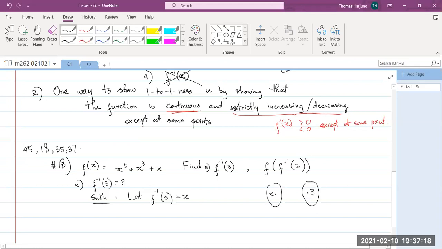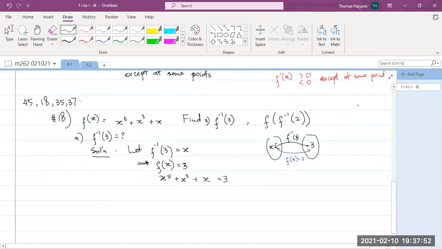That's the inverse direction, right? In other words, f(x) equals 3, and we find that x. That notation means f(x) equals 3, so x to the fifth plus x cubed plus x equals 3.